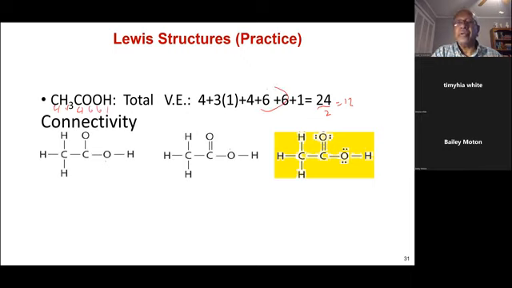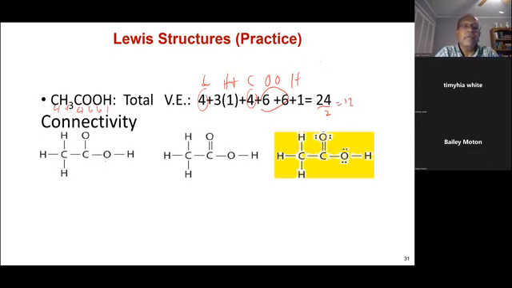That 6, 6 is for the oxygens, the 4 is for the carbon, and the 1s are for hydrogen: carbon, 2 oxygens, and hydrogens. That's how you got the valence electrons added.